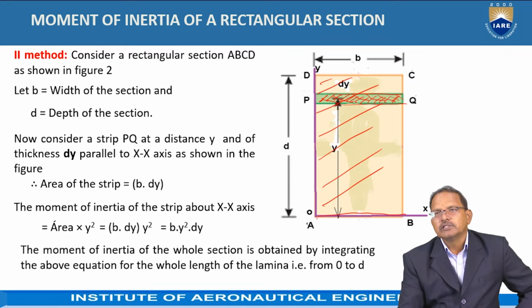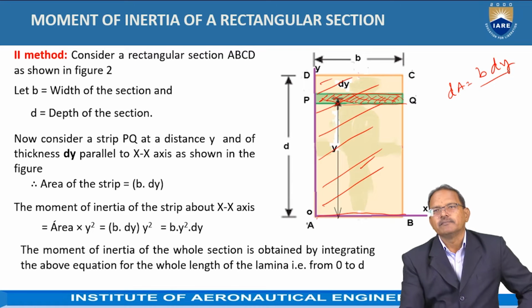Let us consider a small strip PQ having thickness equal to dy at a distance of y from the line AB as shown in the figure. The area of the strip is equal to the product of breadth multiplied by its thickness, that is dA is equal to B dy.